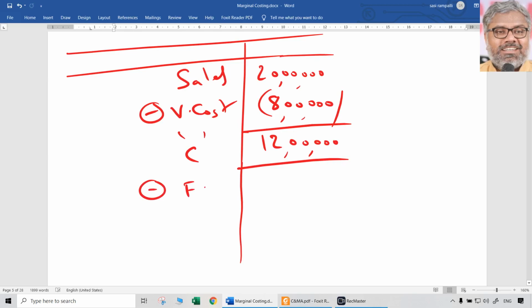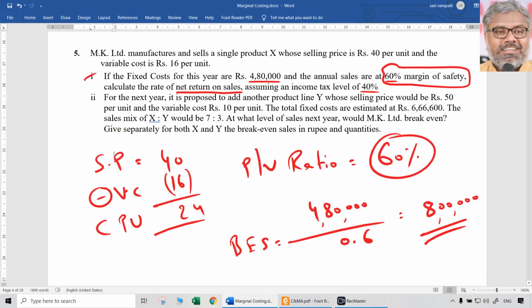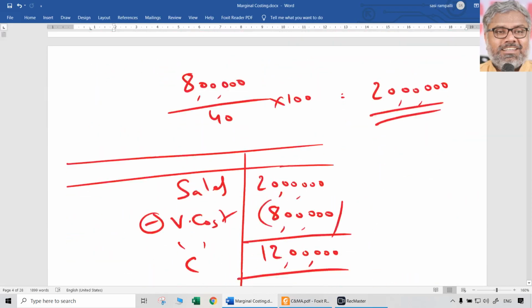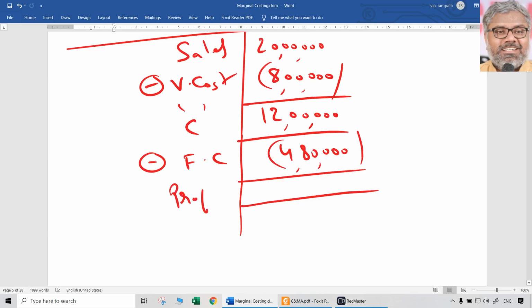From contribution, if you deduct fixed cost, how much is fixed cost? We know that, it is given in the question. 4,80,000. So from contribution 12 lakhs, if you reduce fixed cost 4,80,000, what we get is profit. So 12 lakhs minus 4,80,000 means 7,20,000 is profit.